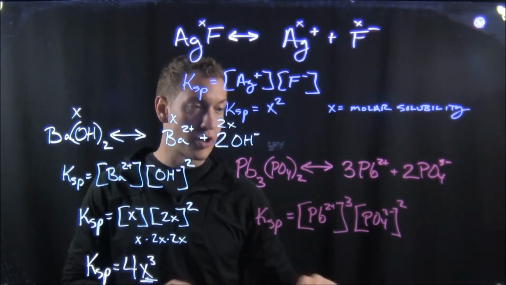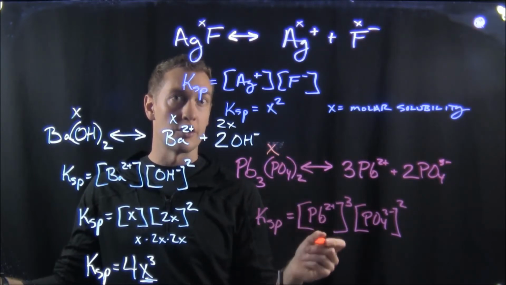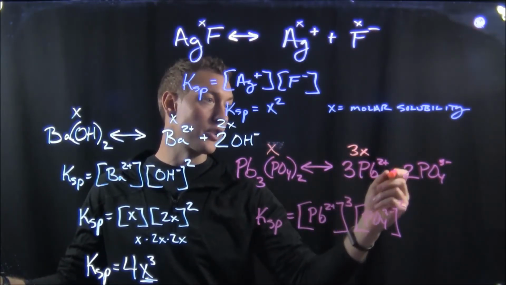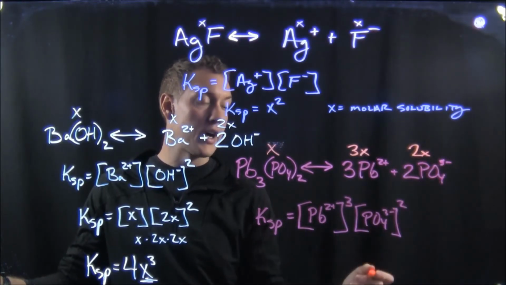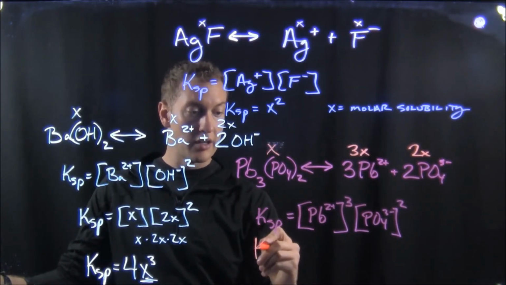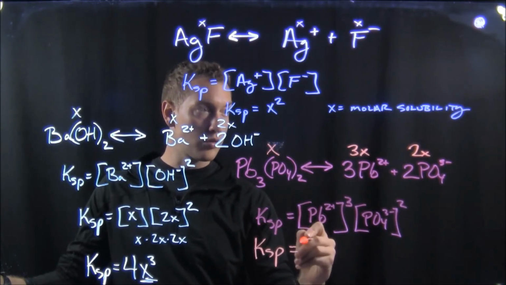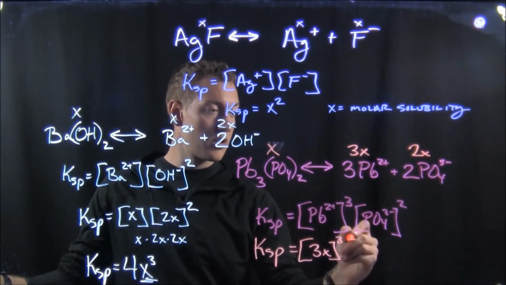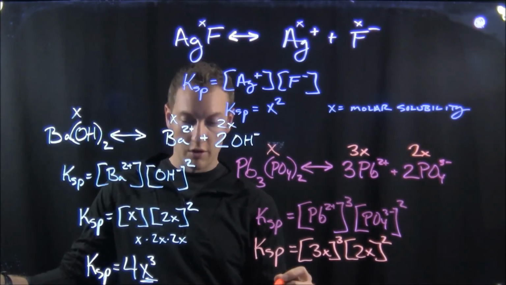And then in terms of X, when X amount of this dissolves, you're going to get 3x of the lead and you are going to get 2x of the phosphate. So when we plug that into our expression, KSP is going to equal 3x cubed times 2x squared.